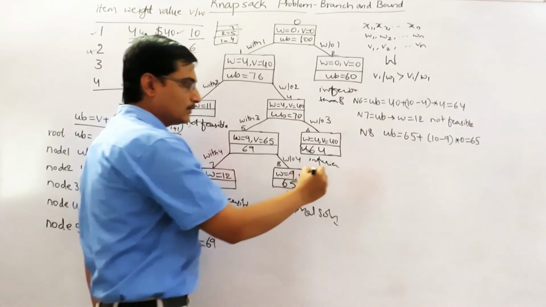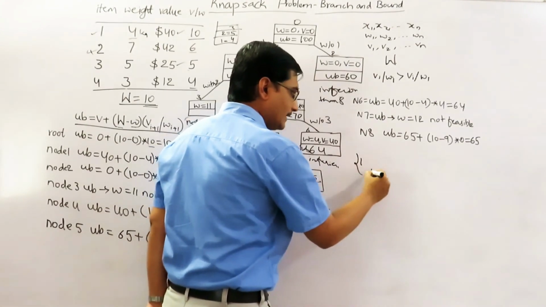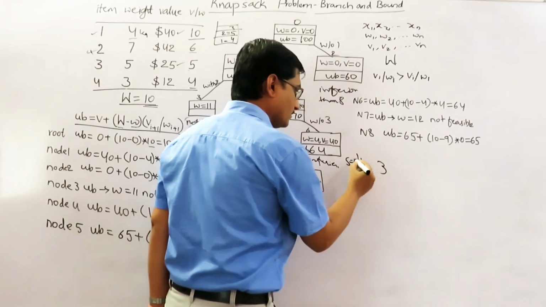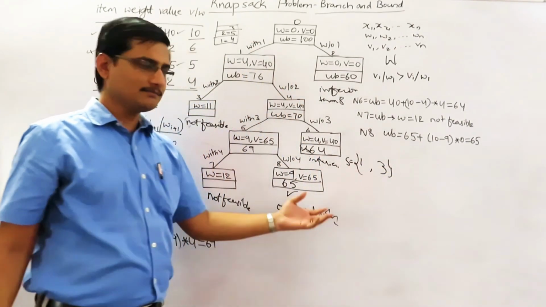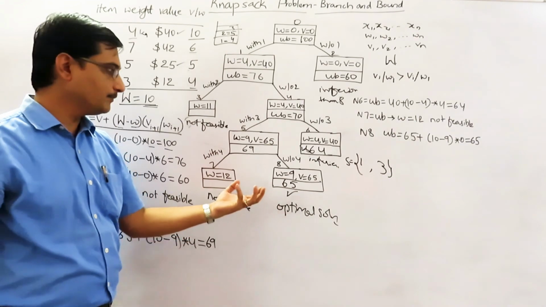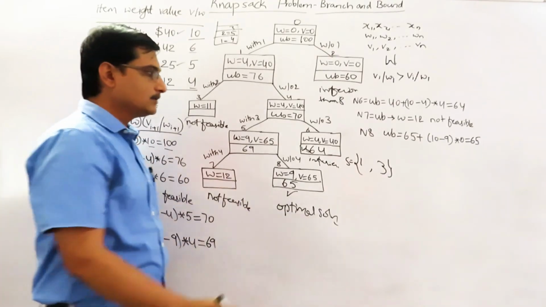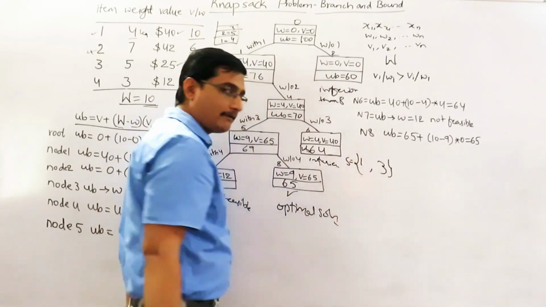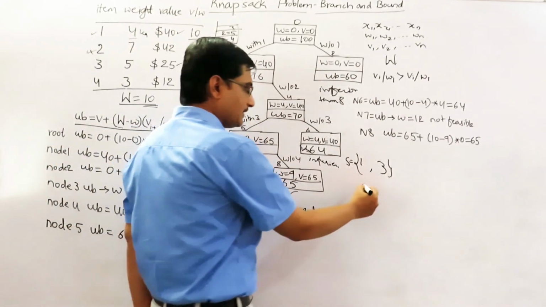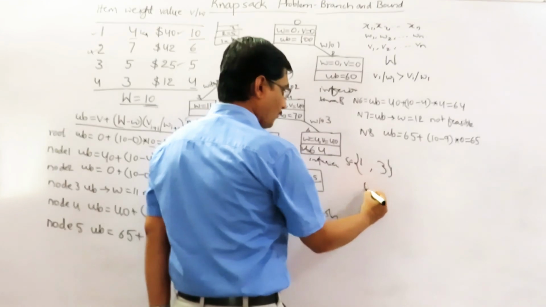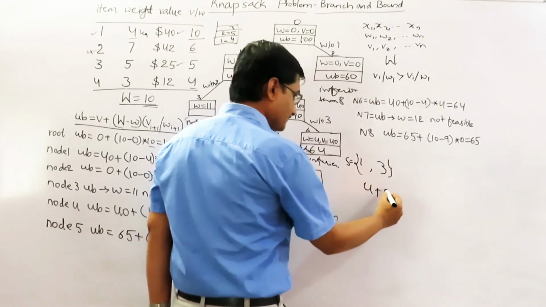We have included the first item and the third item. So the solution is, this is a subset paradigm problem, that is, we need to find a subset of the given set. So the first and third items we have included in the bag. The first item weight was 4 and the third item weight is 5.